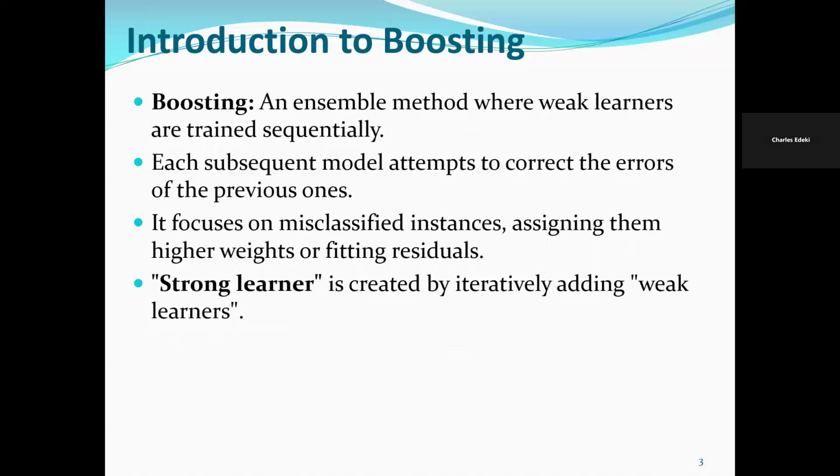So each subsequent model is built to correct the errors made by the previous model. That's the best way we should say it. Model 2 will be built based on model 1's performance. So the previous model's error determines how to improve the next model.